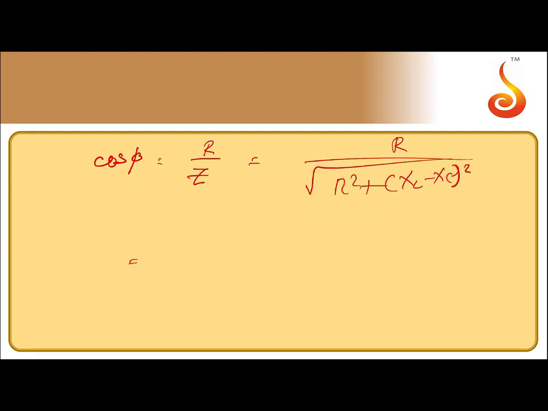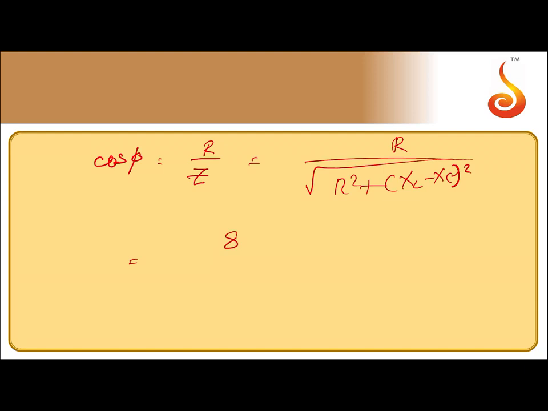Cos phi is given by R by Z, R divided by the square root of R square plus XL minus XC whole square.